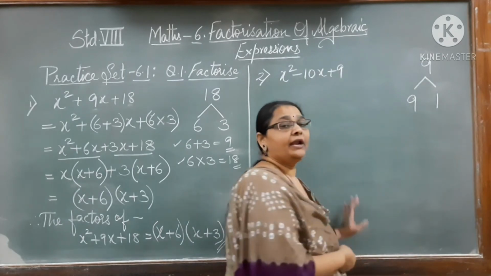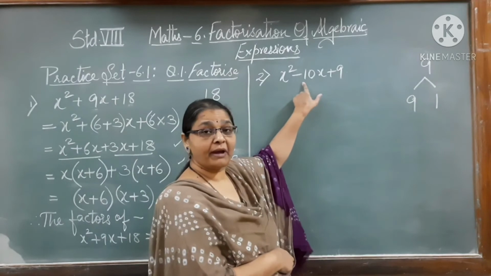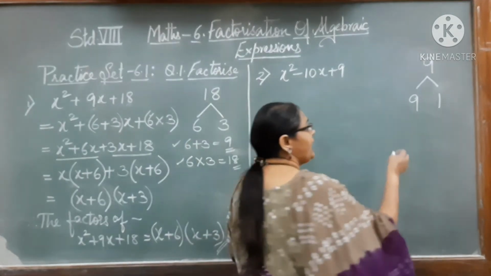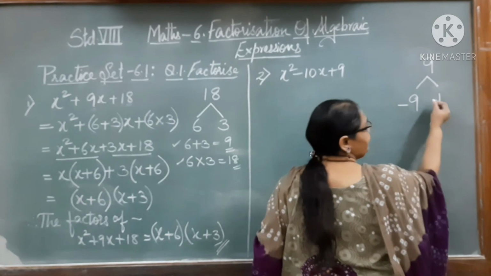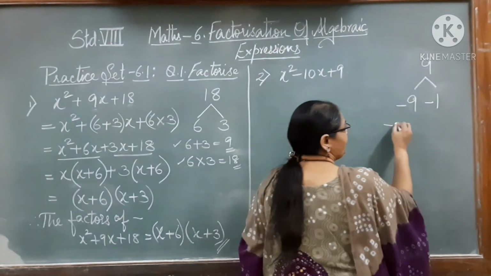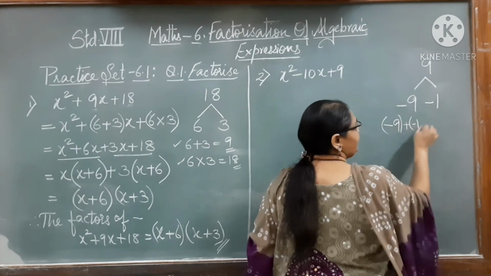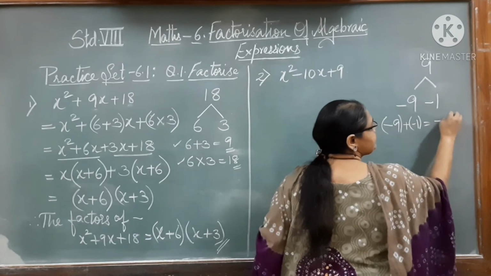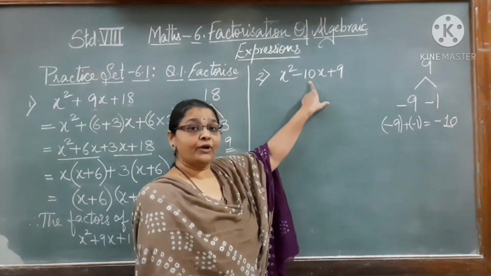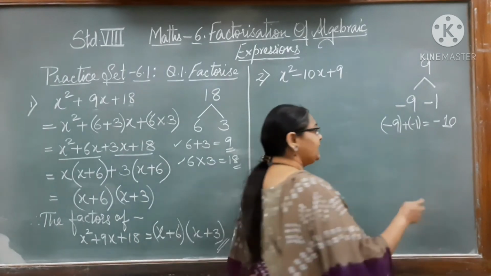I know 9 plus 1 is equal to 10, but I have minus 10 as the coefficient of the middle term. So I have to consider the minus sign, minus 9 and minus 1. I know minus 9 plus minus 1 is equal to minus 10, which is the coefficient of the middle term.